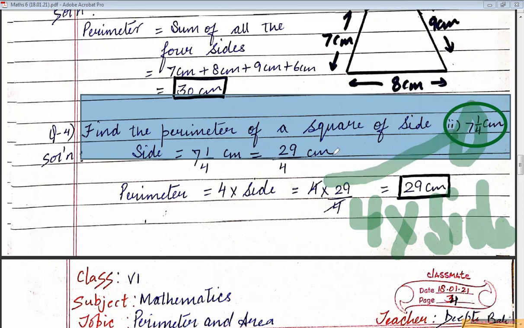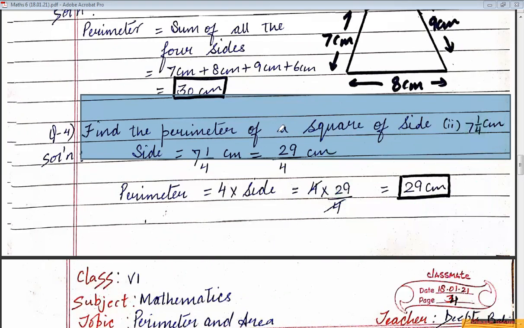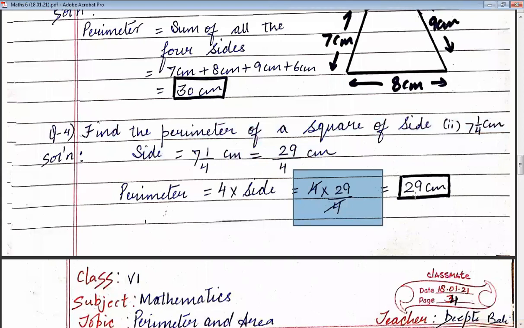First you will convert your mixed fraction into improper. So what will be your improper answer for this? 7 fours are 28 plus 1, 29 upon 4. So your side is 29 upon 4. Now just substitute this side in your formula. Your formula is 4 into side. Now 4 multiplied by 29 upon 4, and after cancellation your answer is 29 centimeter only.